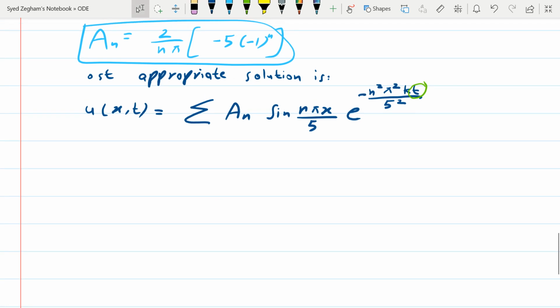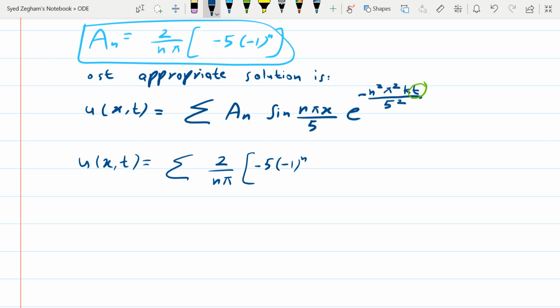Okay, so our final answer will be u(x,t) is equal to summation an, which you have already evaluated now in this light blue color. So that will be 2 over n pi minus 5 times minus 1 power n.